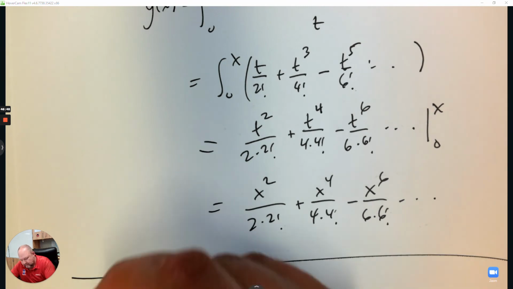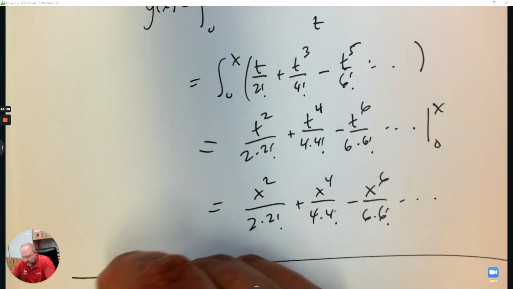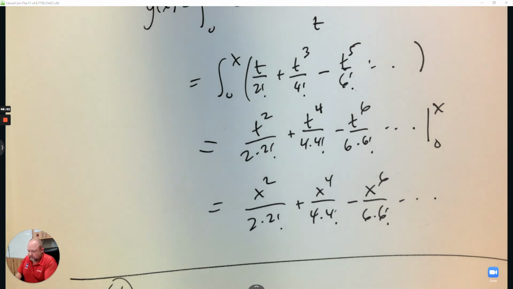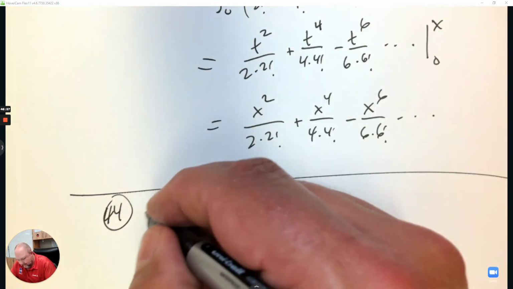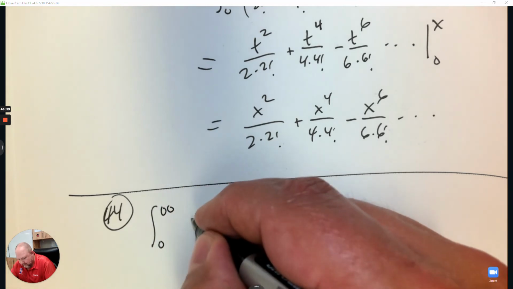All right, 44. Two left. Let's finish this. All right, these are called improper integrals.